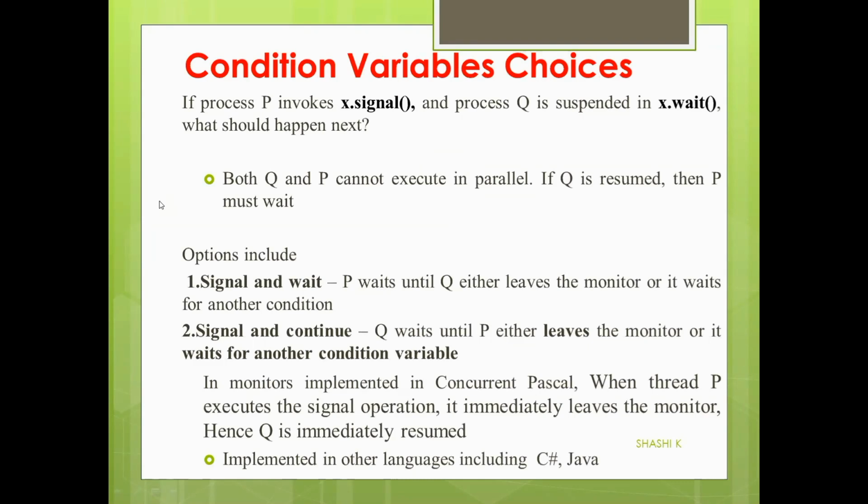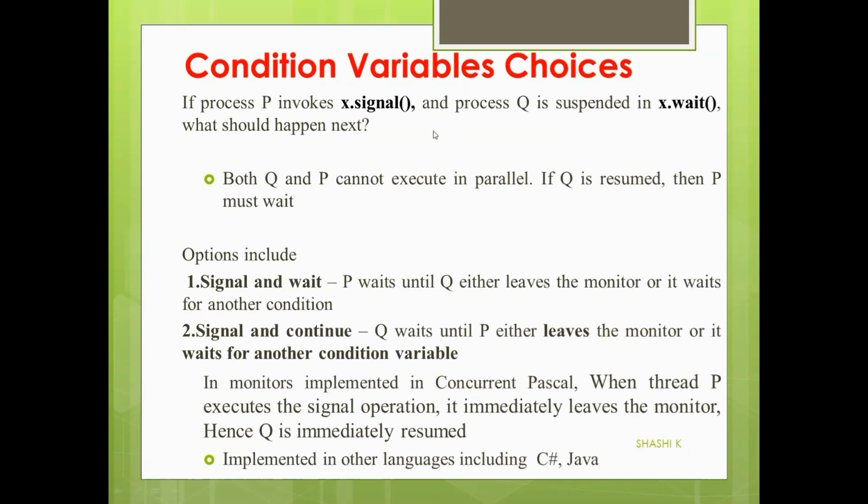Any other process which has been suspended and waiting for the condition variable X should be able to resume its execution. Q is waiting outside the monitor with X dot wait of, while P, already inside the monitor, executes X dot signal of.